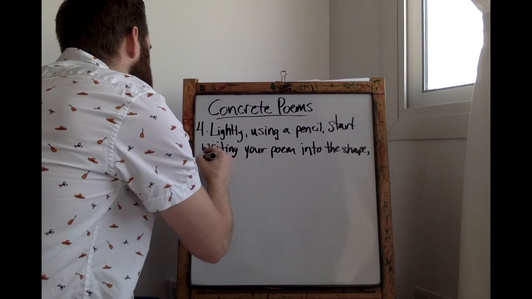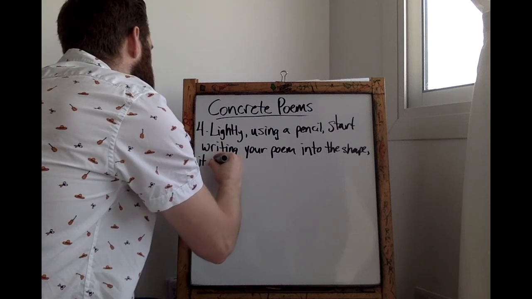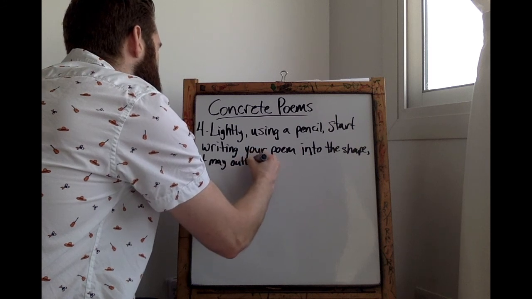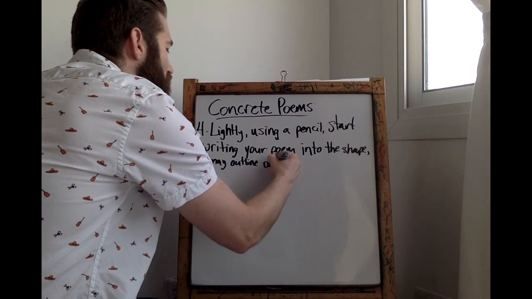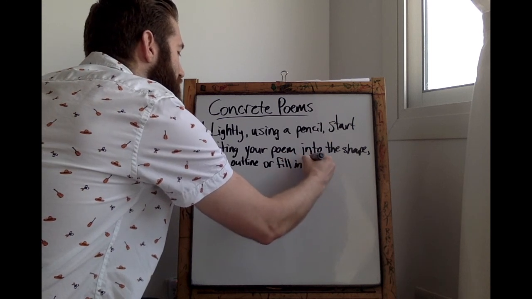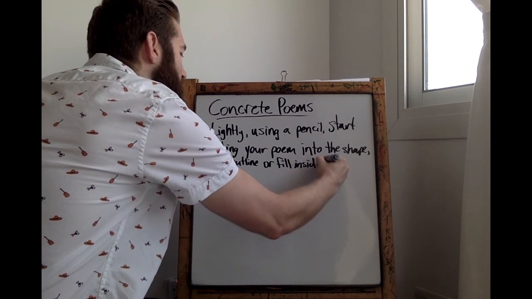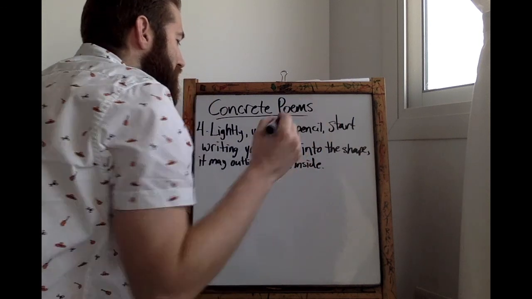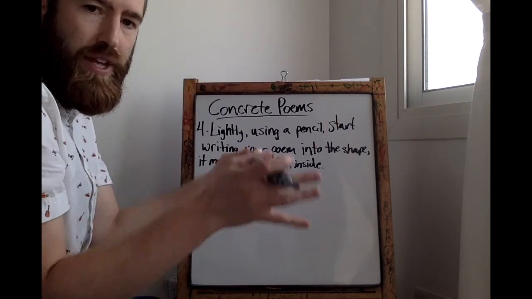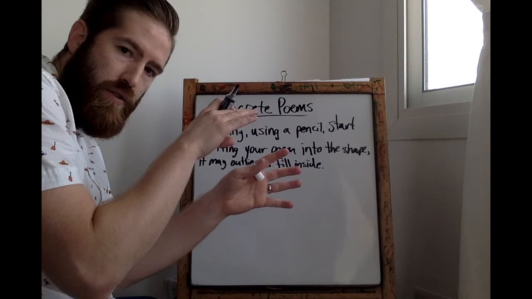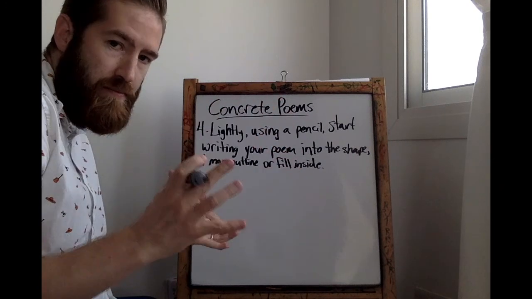It may outline or fill inside. Okay, you may outline it, so that's around the outside, or fill the inside. So you have your shape and you filled all the way inside your shape.